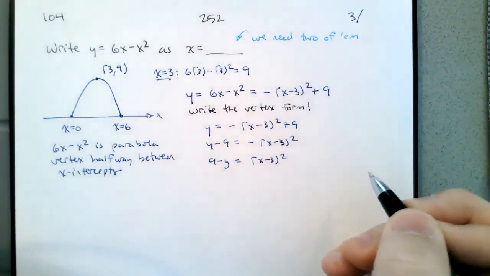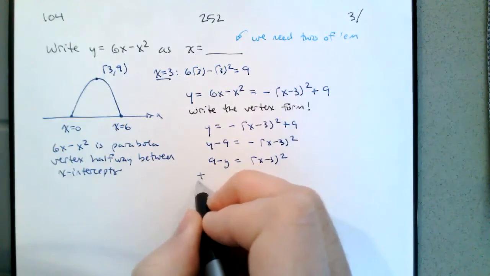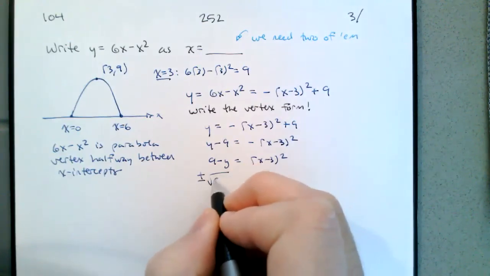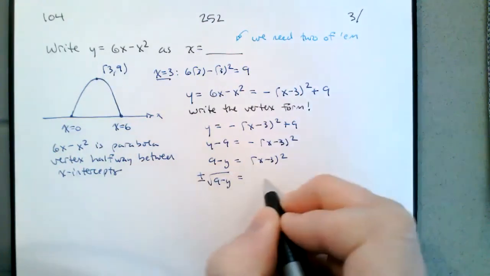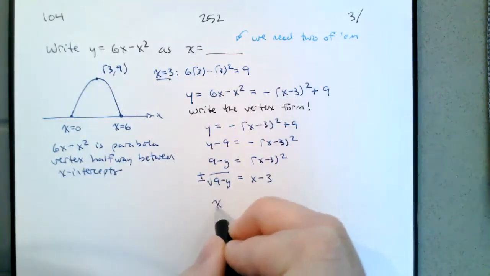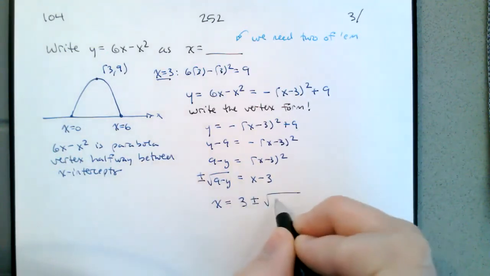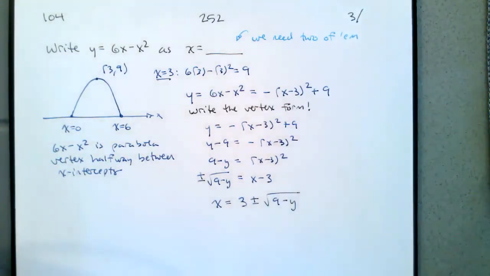I can take square roots, and here's where the 2 solutions show up. When we're solving and we take a square root of both sides, we get a plus or a minus. And then now here are our 2 values of x: 3 plus or minus the square root of 9 minus y.